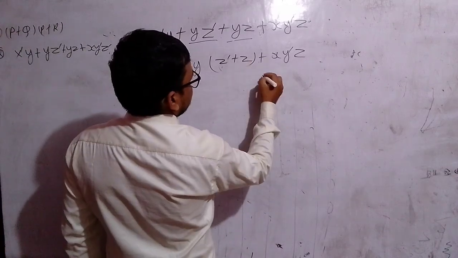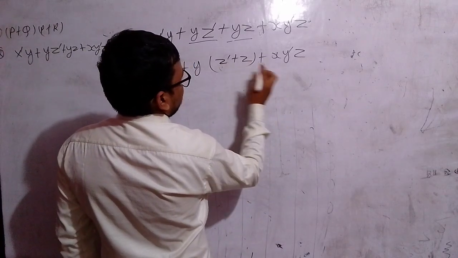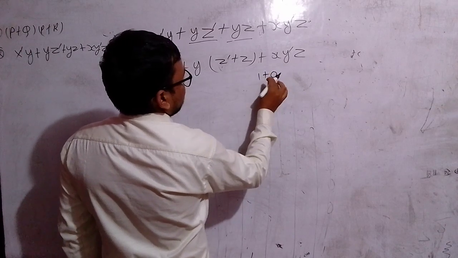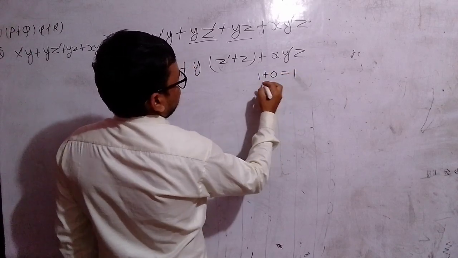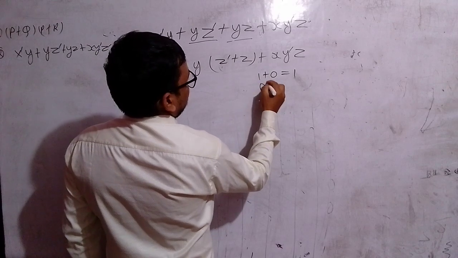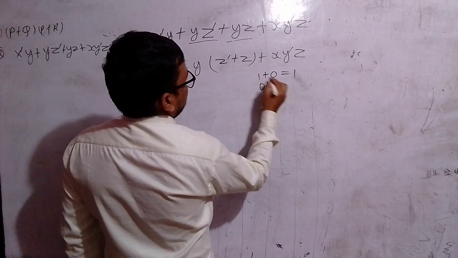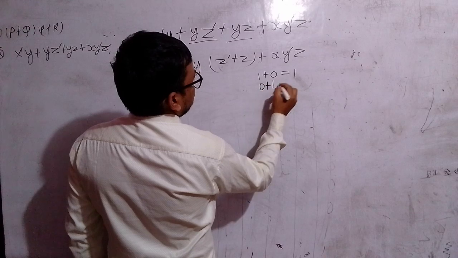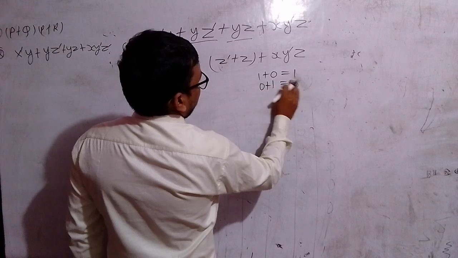Why? Let Z equal 1, then its complement becomes 0, then 1 plus 0 gives 1. Let Z equal 0, its complement becomes 1, 0 plus 1 gives 1.